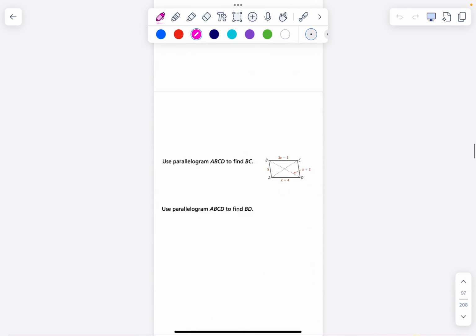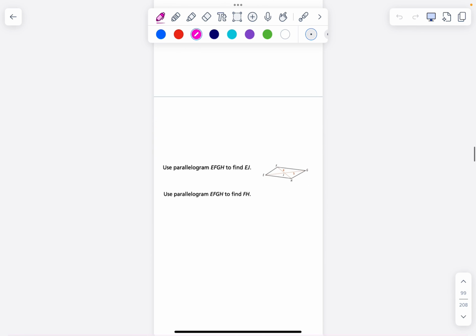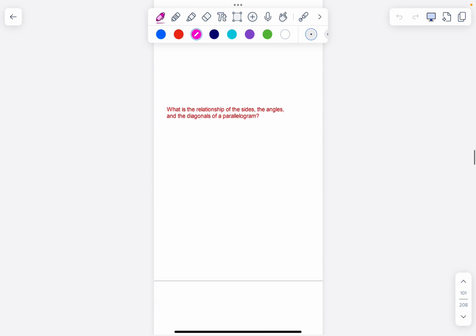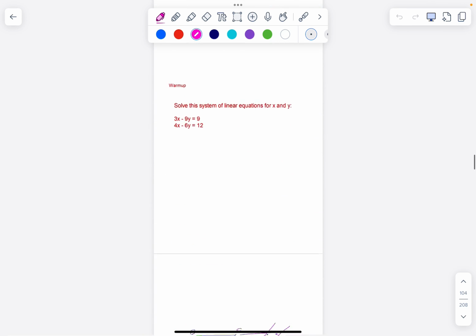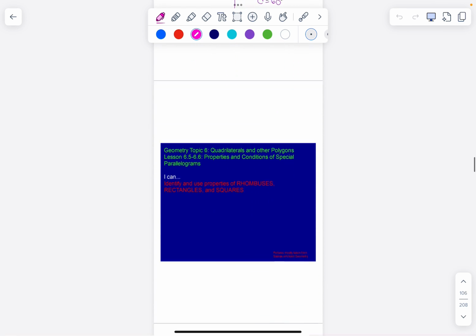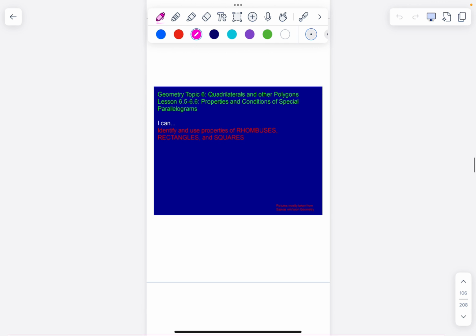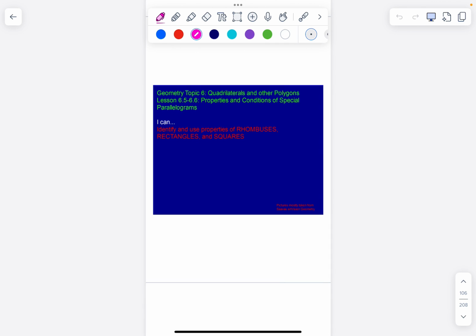You don't want it to snowball, is what I mean. All right, let me scroll through all this stuff to special parallelograms. Name a special parallelogram.